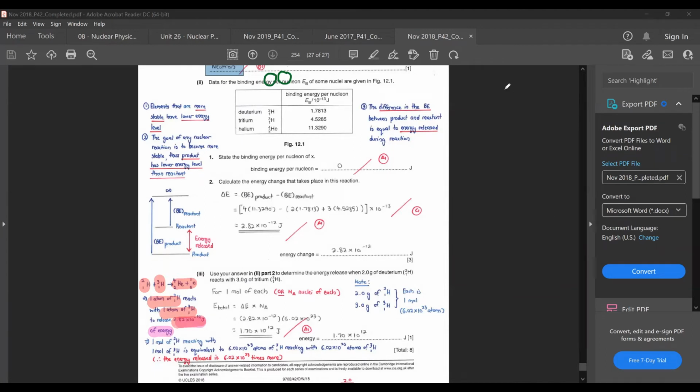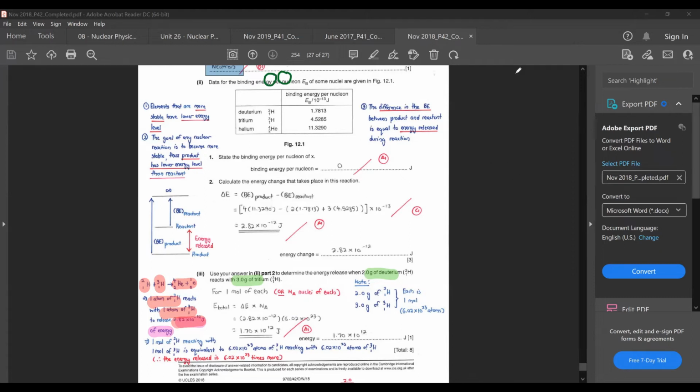Now when you look at what is stated here, they told you 2 grams of deuterium reacts with 3 grams of tritium. So how many nuclei do you actually have here for deuterium and tritium?